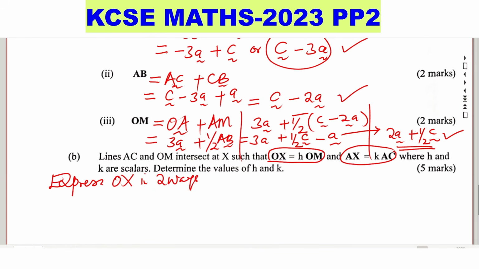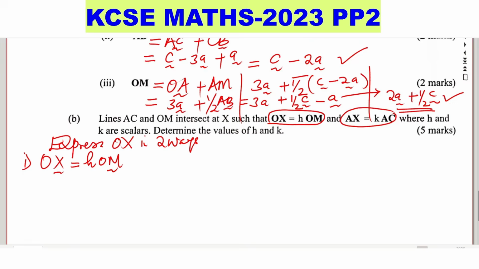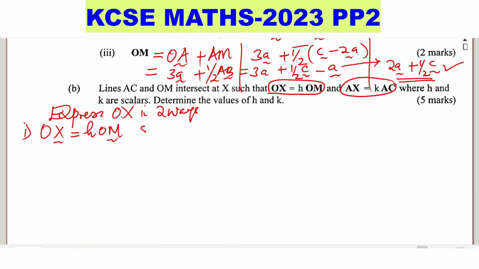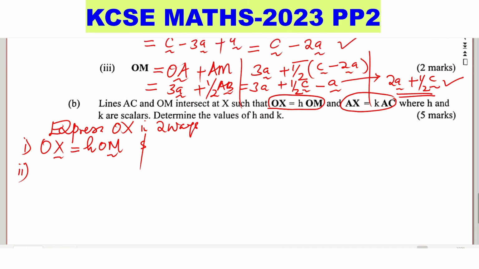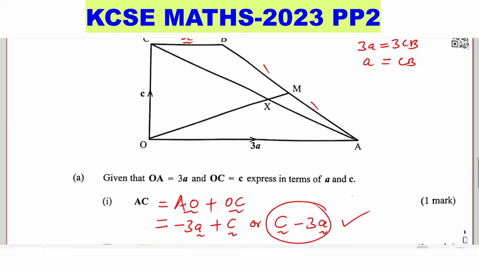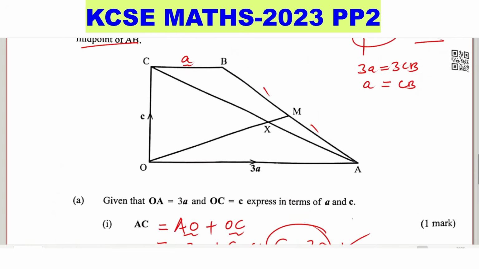And the first way, you're going to use whatever we have there. OX is equal to H OM. That is the first way. Then the second way of expressing OX and ensuring that you use AX, just look at the diagram here. You can use that route, OA plus AX.